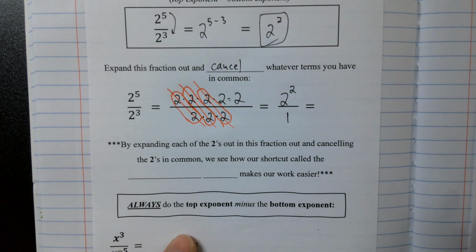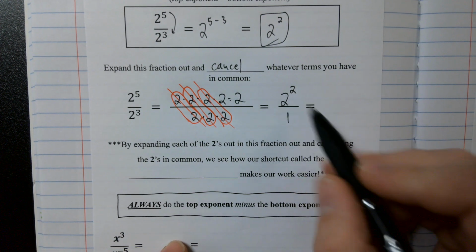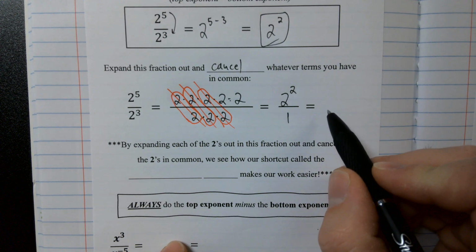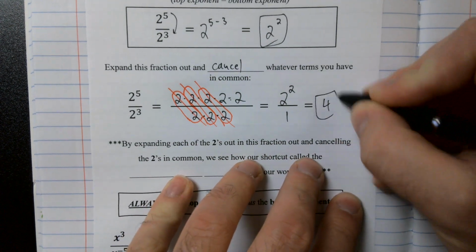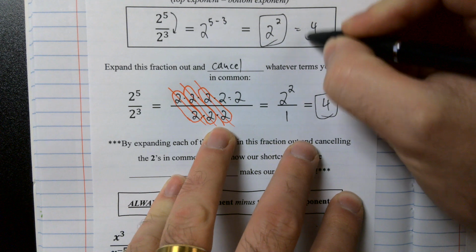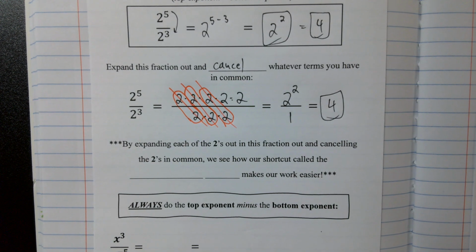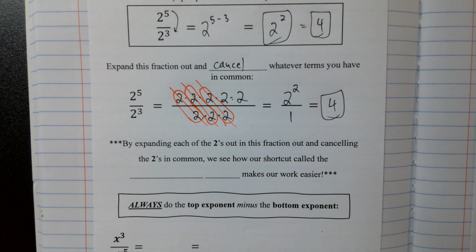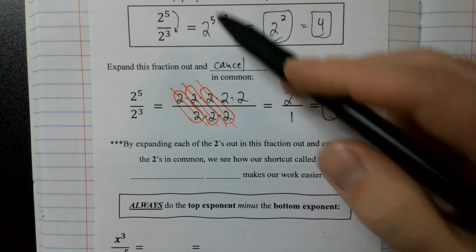Good. What is 2 squared, Nick? What did you say it was? 2 to the power of 2? 4. And it's exactly what we got by doing the quotient rule and just subtracting. So instead of doing all this expanding out and canceling and then applying those numbers together, we're making it nice and simple.